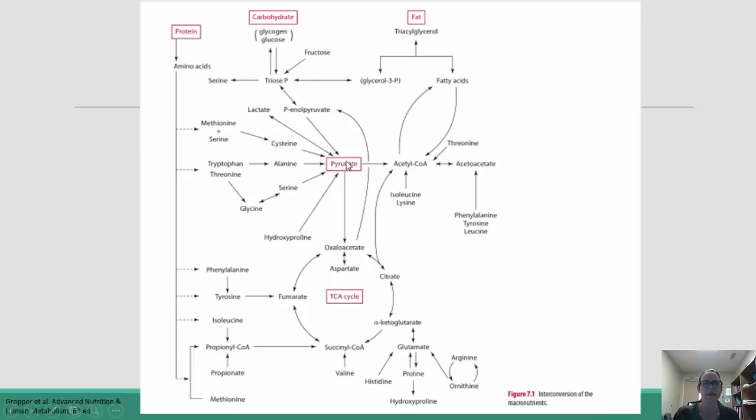And then we have our fats, which are broken down, and again, the glycerol can be converted to glucose ultimately. The fatty acids can be converted to acetyl-CoA, and the acetyl-CoA can't enter the TCA cycle by itself. It needs to combine with substrates from carbohydrate metabolism in order to enter the TCA cycle and produce our energy.